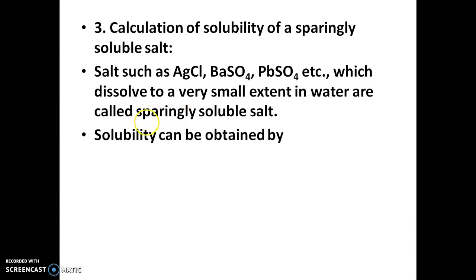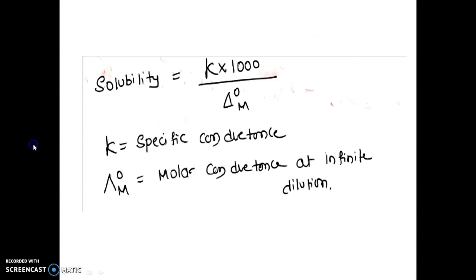Now solubility can be obtained by the equation: solubility is equal to K into 1000 divided by molar conductance at infinite dilution. 1000 is a constant, K is nothing but specific conductance, and lambda m naught means molar conductance at infinite dilution.